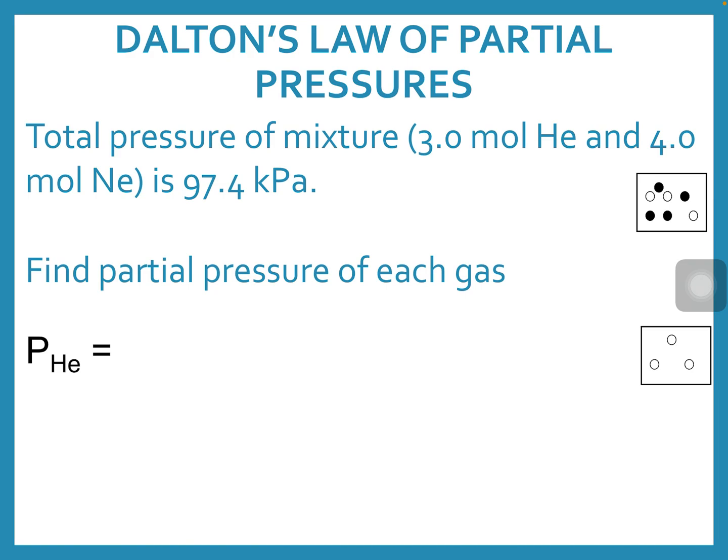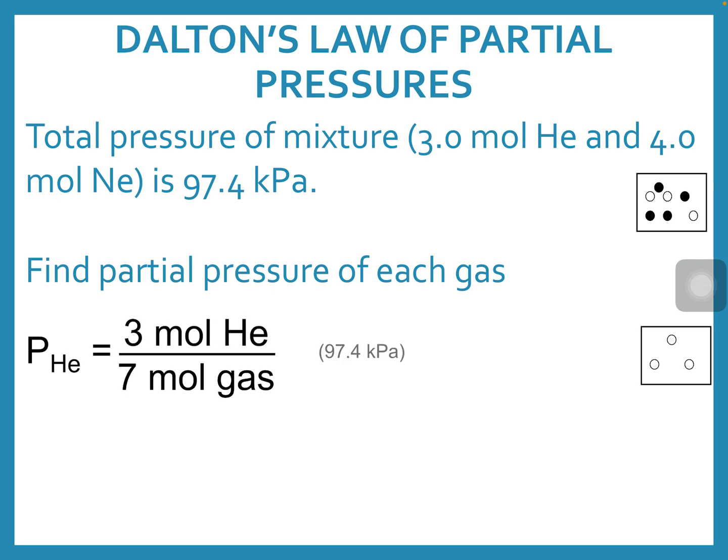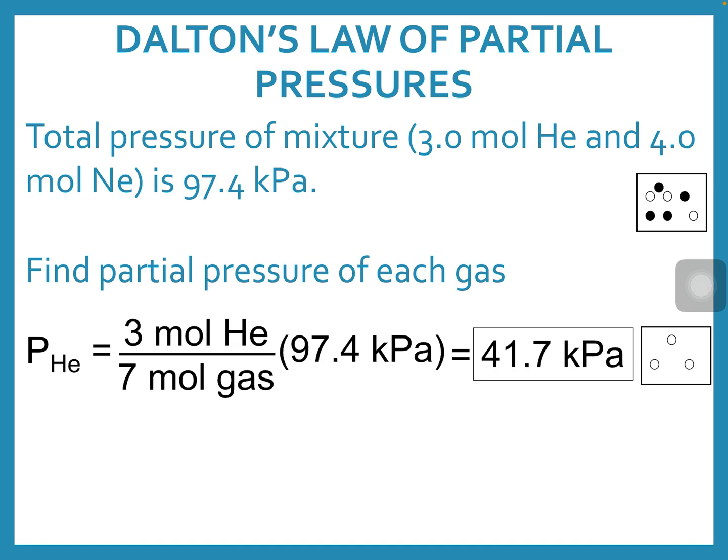So helium is 3 out of the 7 moles that are currently in there. So 3 out of 7 moles of helium, and we're going to multiply that by the 97.4. So 3/7 of the pressure comes from helium. So 41.7 kilopascals is the partial pressure of helium here.